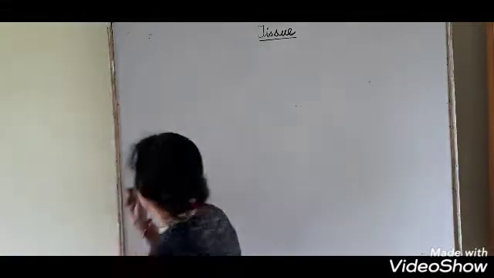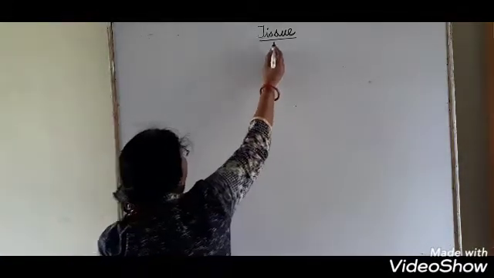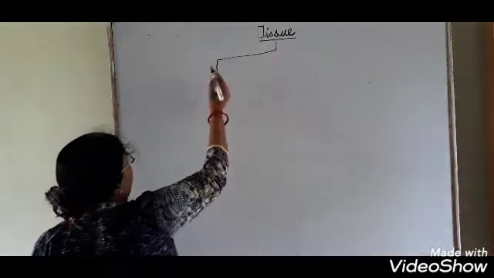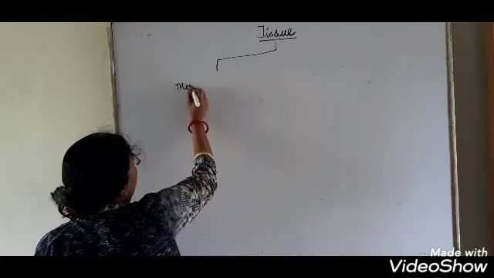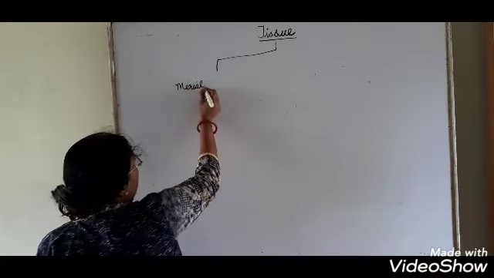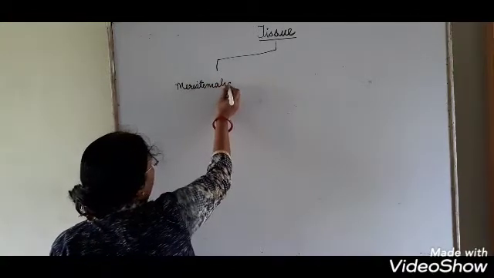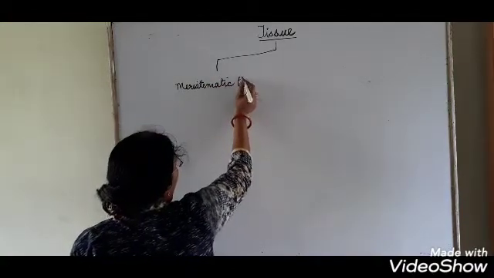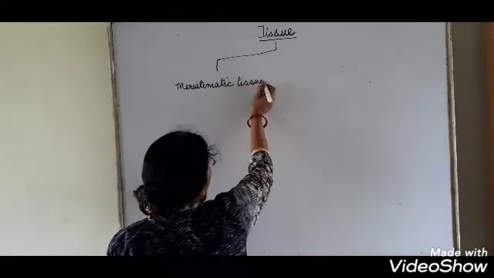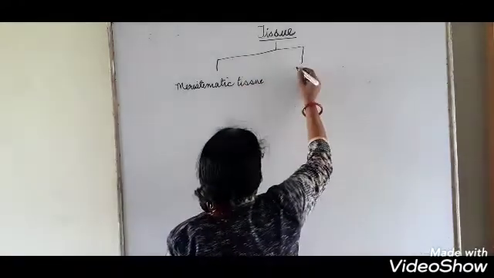Plant tissue is of two types: meristematic tissue and the permanent tissue.